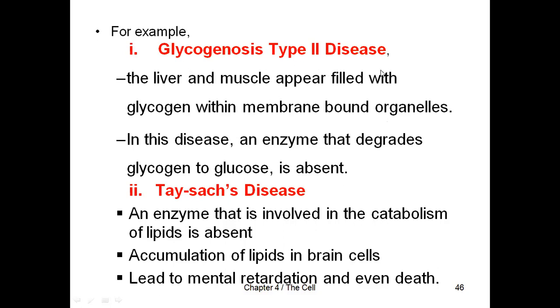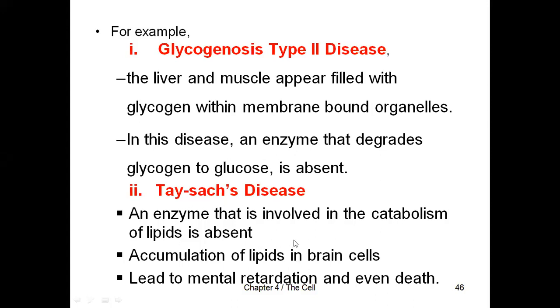Glycogenosis type 2 disease. ग्लाइकोजन जमा होता है inside the membrane bound organelles. जितने भी आपके organelles हैं वहां पर ग्लाइकोजन जमा होना शुरू हो जाता है. क्यों नहीं खत्म होता? Because the enzyme required for the digestion is absent.